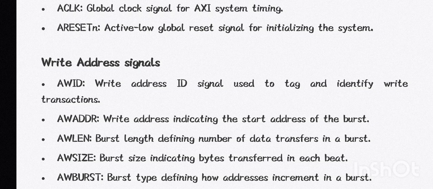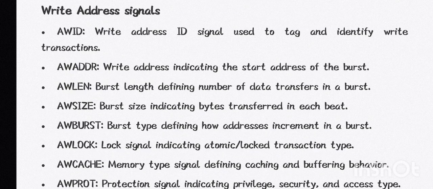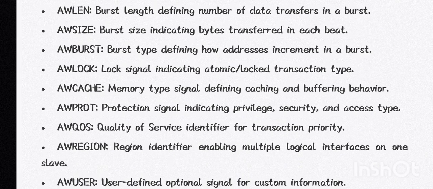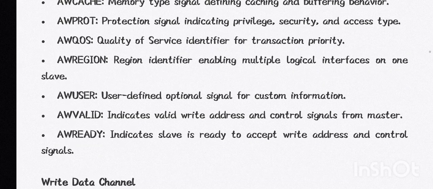AWQOS is the quality of service identifier for transaction priority. AWREGION is the region identifier enabling multiple logical interfaces on one slave. AWUSER is a user defined optional signal for custom information.